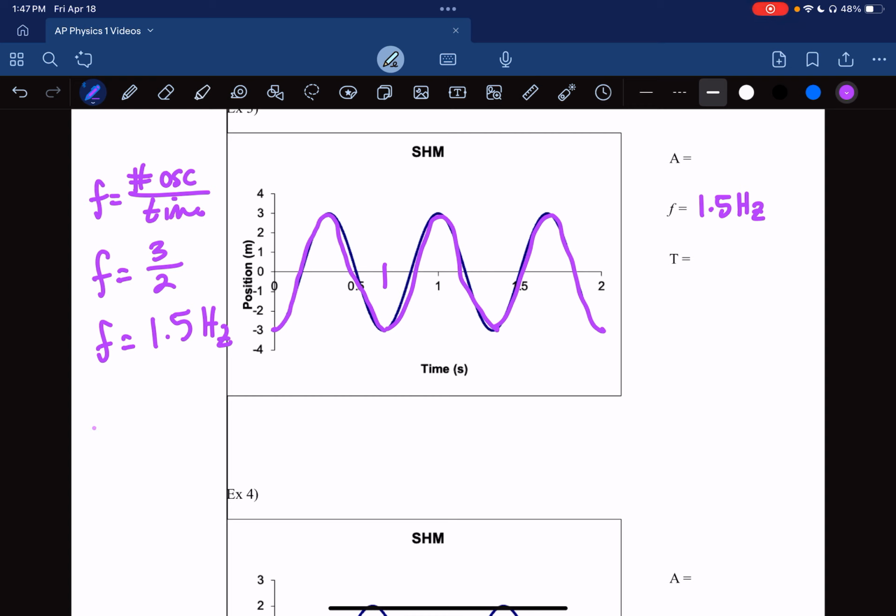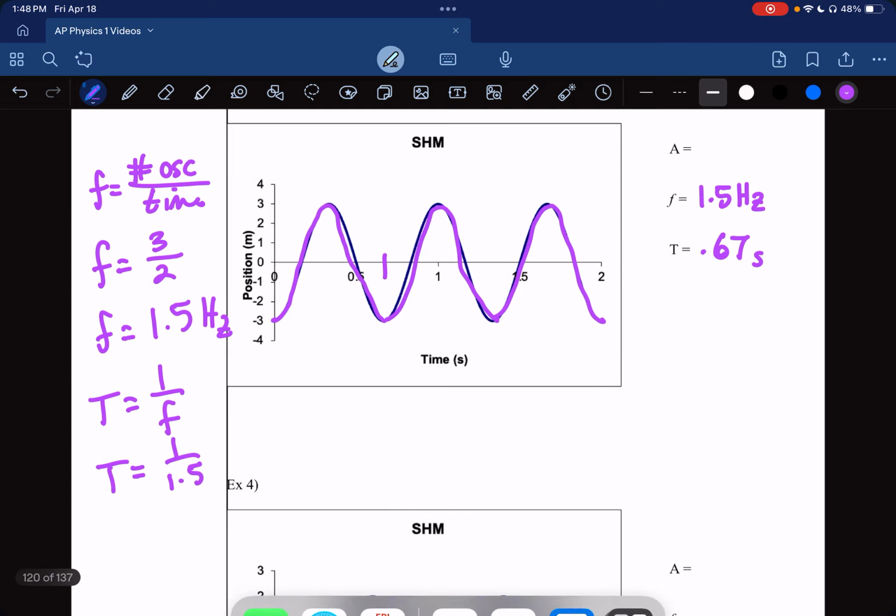Cool. And then the period is just 1 over the frequency. So 1 over 1.5, which is 0.67 seconds. Well, I'm not too proud to check.